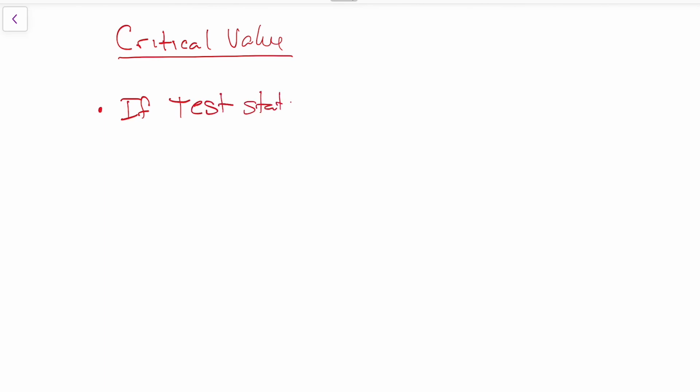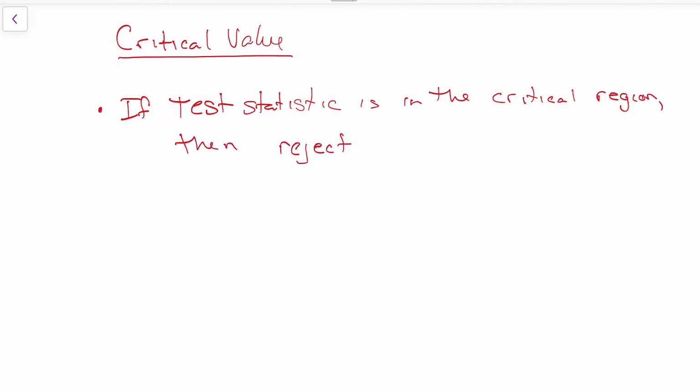For the critical value method, what we look for is if our test statistic is in the critical region, then we reject the null hypothesis.